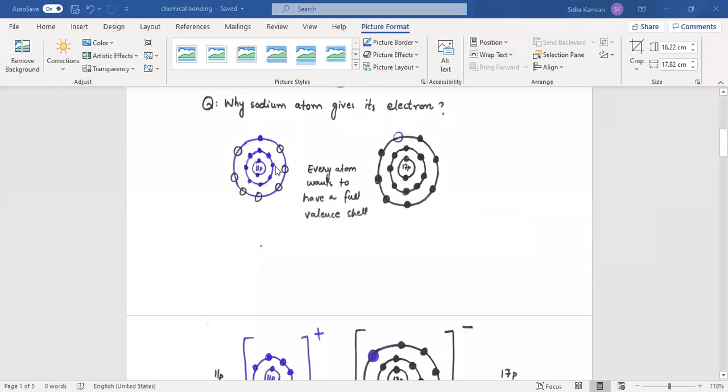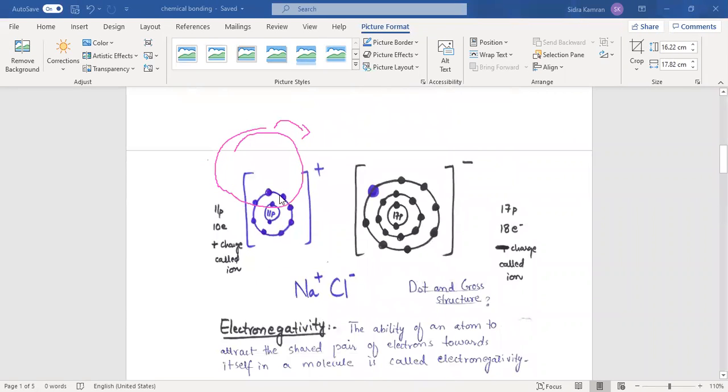There were three shells. When sodium lost its electron, it also lost its last shell because there was just one electron in that shell. So if sodium loses that electron, it also loses the shell.